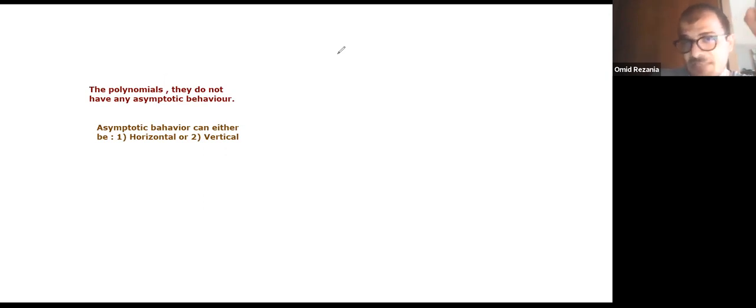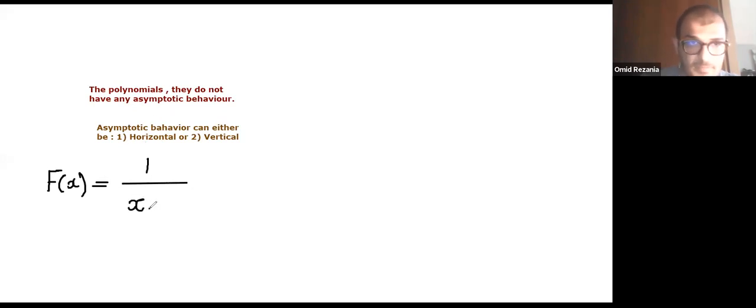Then you will see much more explanation of it. But as a very simple example, imagine that I have a function f of x equal to 1 divided by x minus 2. This is a function that we have.